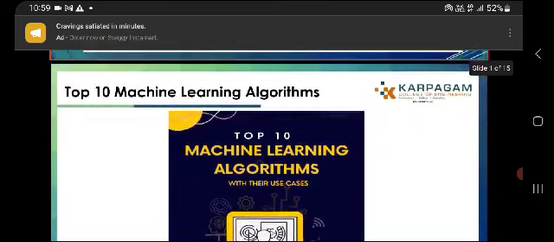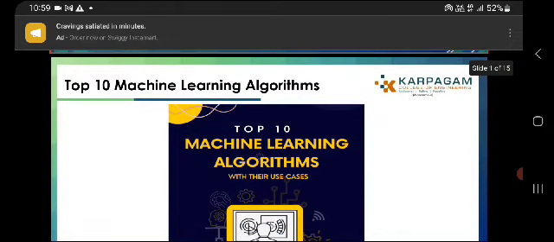And before entering the point, we have to know what machine learning algorithms are. Machine learning algorithms are programs that can learn the hidden patterns from the data, predict the output, and improve the performance from experience on their own.